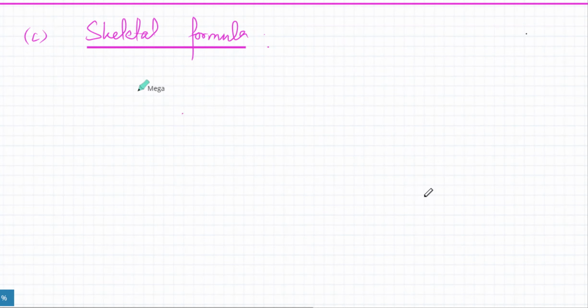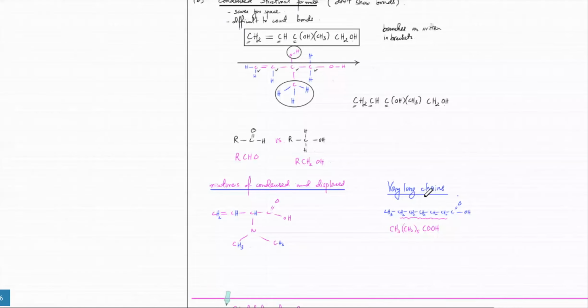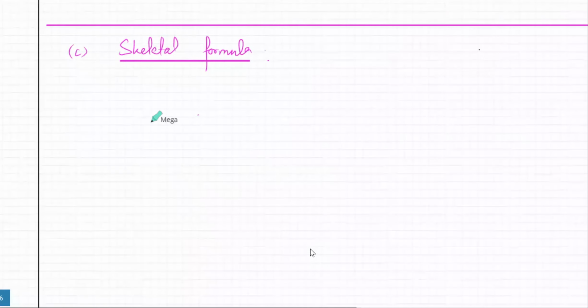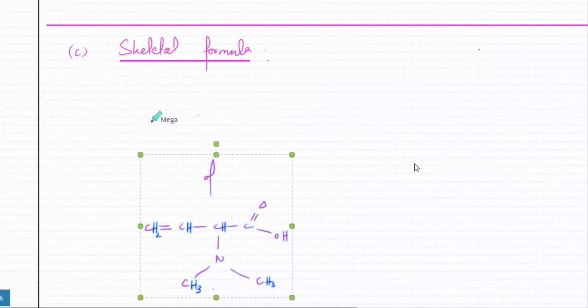So for example, let me copy this one. Let's say I have this molecule, and I want to draw the skeletal formula of this molecule.